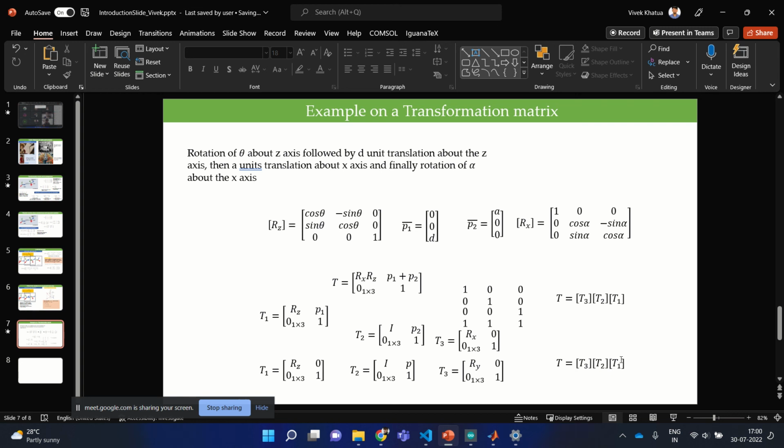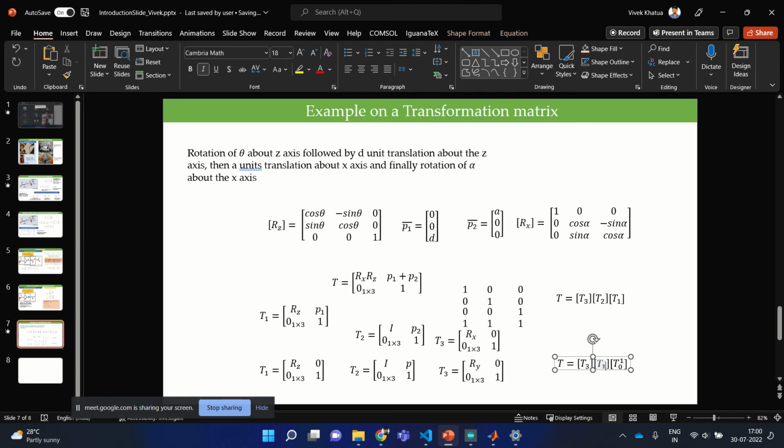It generally is preserved on the left side. This is a notation used so that you understand it's a transformation from 0 to 1. From frame 0, you apply this matrix, and it will take you to the first frame.